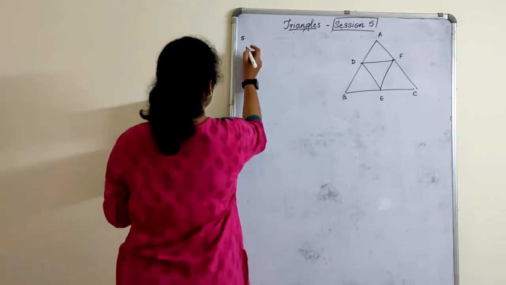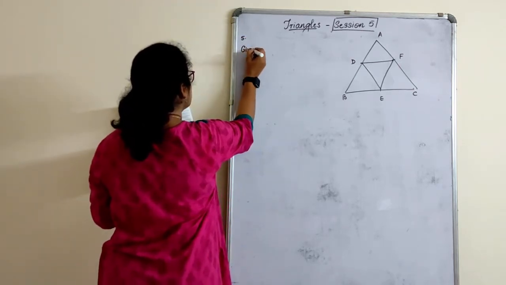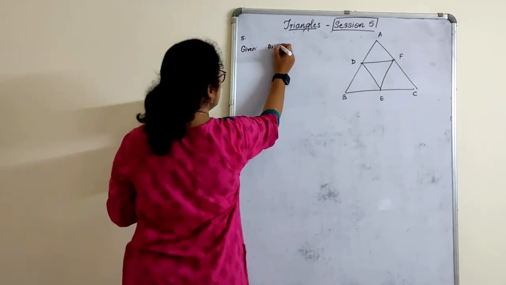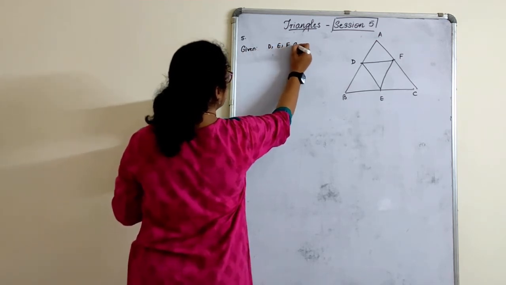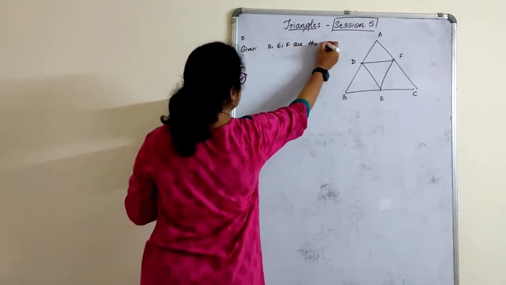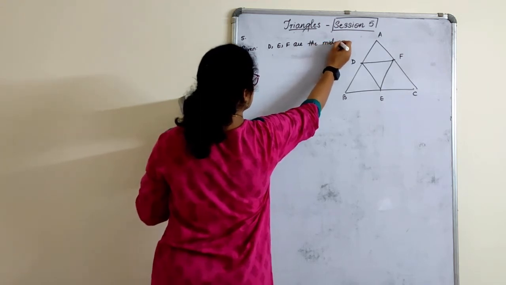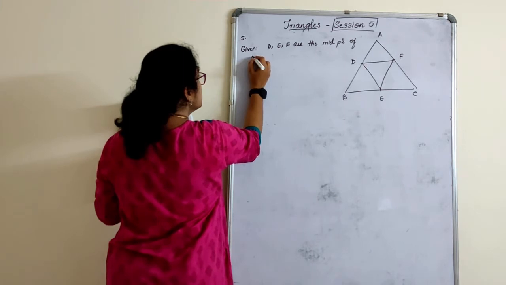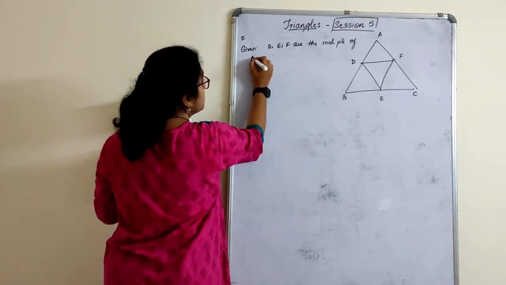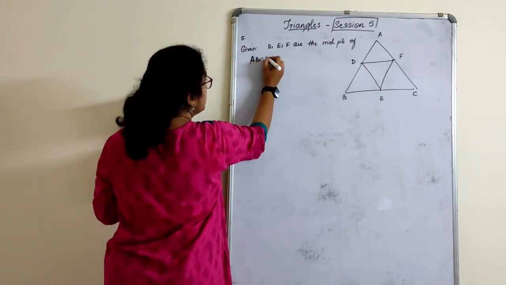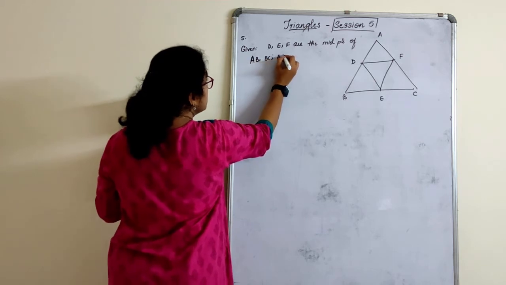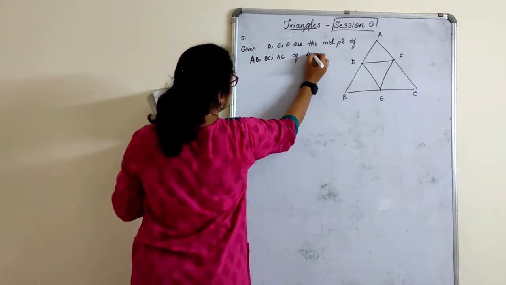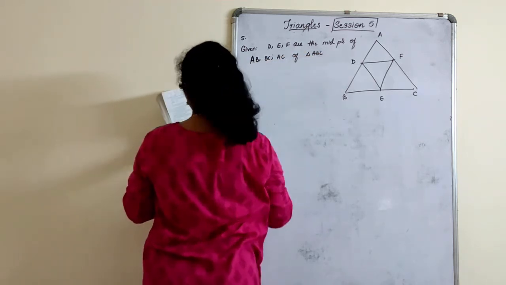Write the same thing in the given. D, E, F are the midpoints of AB, BC, AC of triangle ABC.